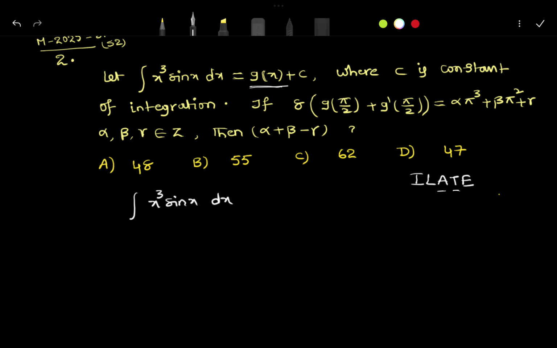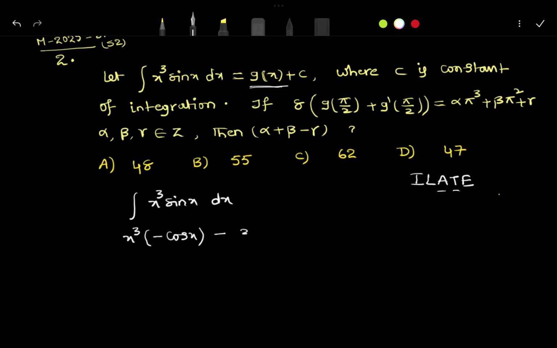Now, what is the simple method? The first function into the integration of the second function. Integration of sin x will be minus cos x, with alternating signs, minus the derivative of the first function.